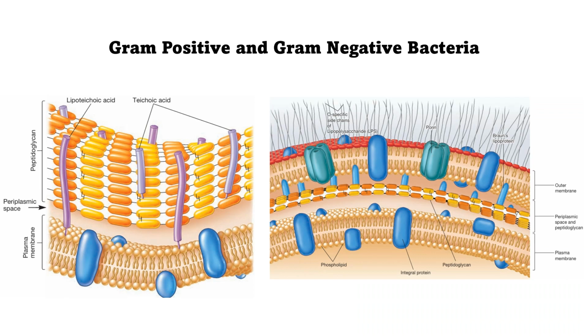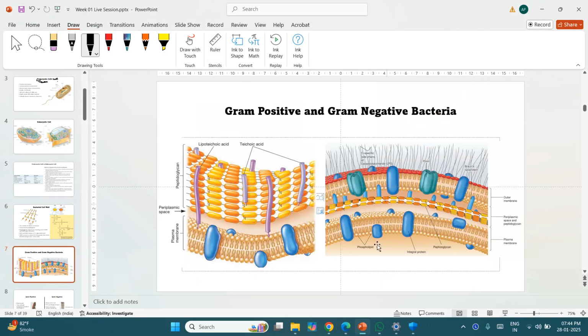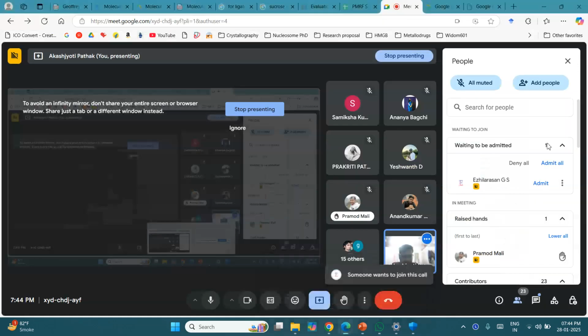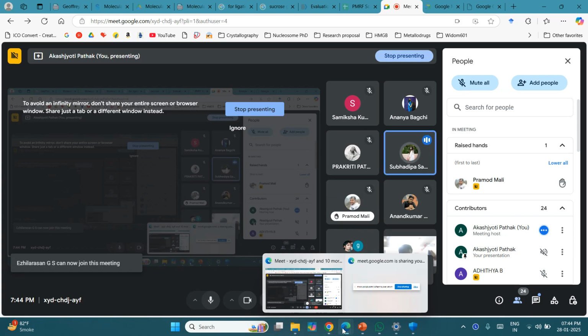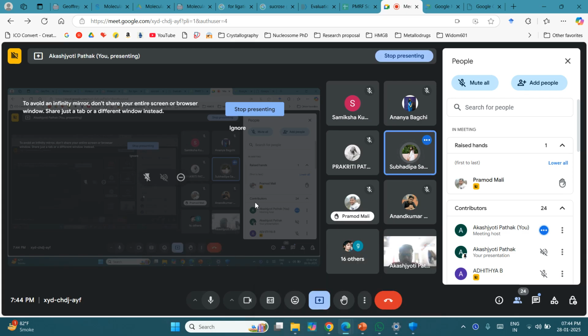Okay. So now, first of all, what is a gram positive and gram negative bacteria? Anyone? And what is the basis of calling a bacteria gram positive and another gram negative?